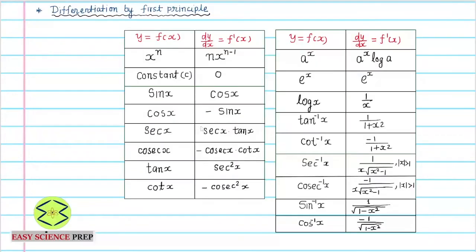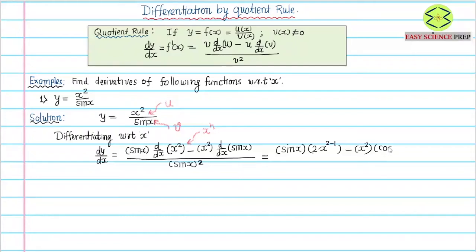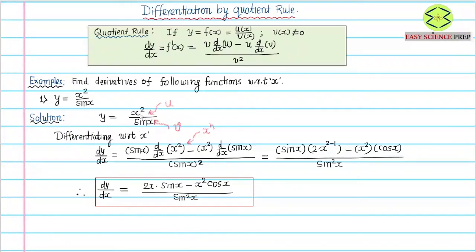From the table, the derivative of sin x is cos x, so we use cos x, whole divided by sin square x, because there is no derivative in the denominator, we simply square it. Therefore the derivative of y is 2x raised to 1, so it is 2x only, so 2x times sin x, minus x square cos x, whole divided by sin square x. This is the derivative of x square by sin x.